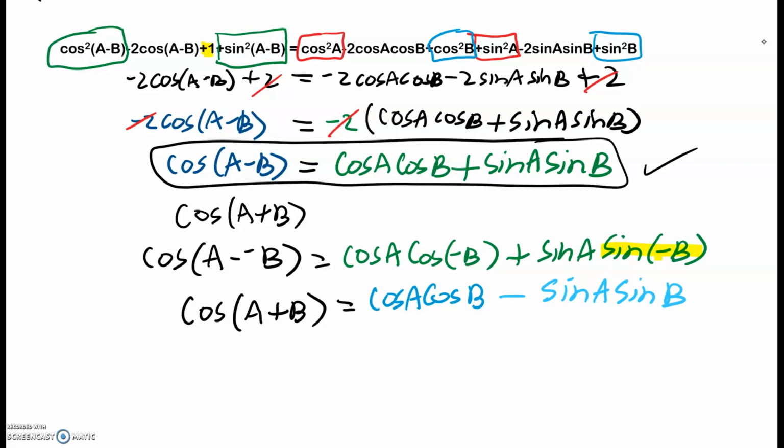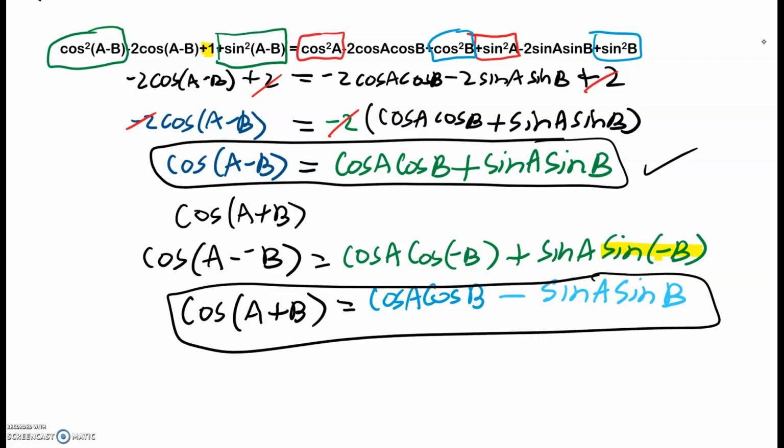Basically, the sine negative B is the same thing as negative sine B, so we just put it there. So there's another formula for us, and the others will be derived later.